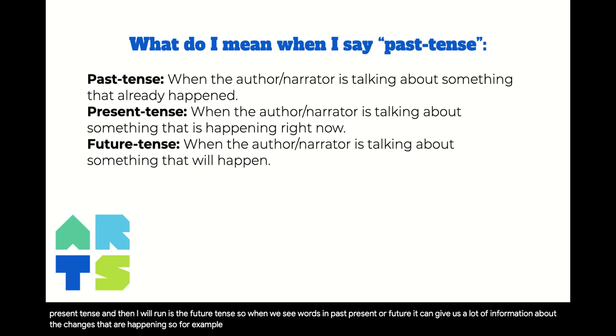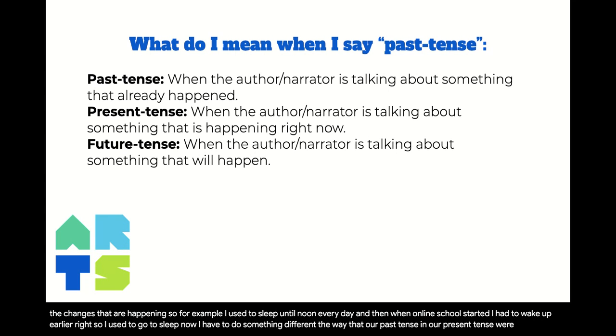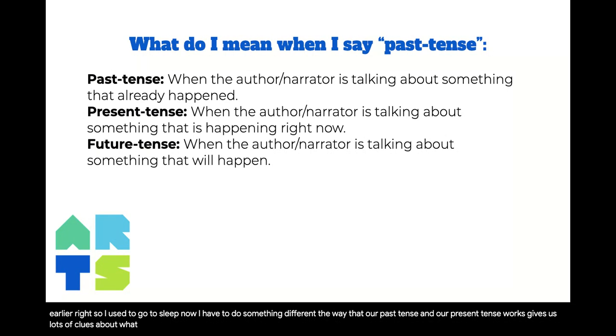So, for example, I used to sleep until noon every day. And then when online school started, I had to wake up earlier, right? So I used to go to sleep versus now I have to do something different. The way that our past tense and our present tense works gives us lots of clues about what changes are happening.